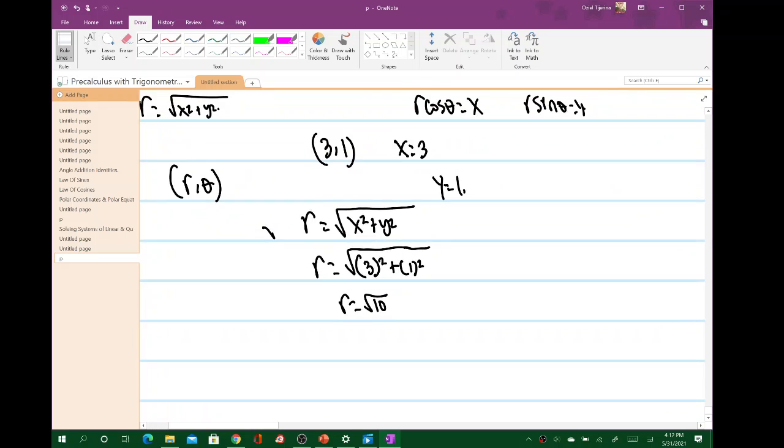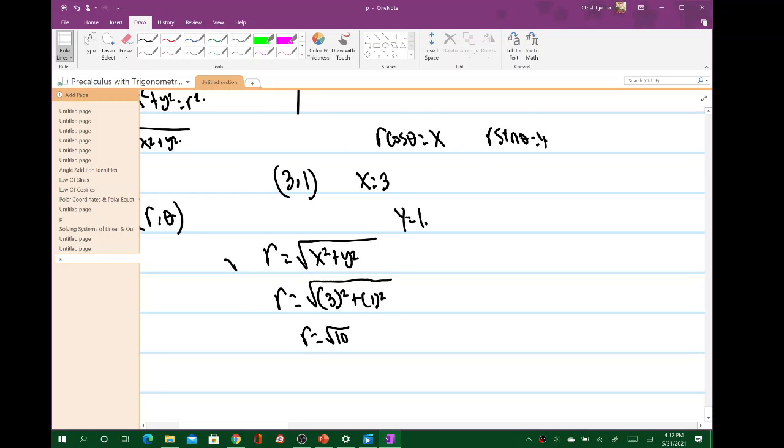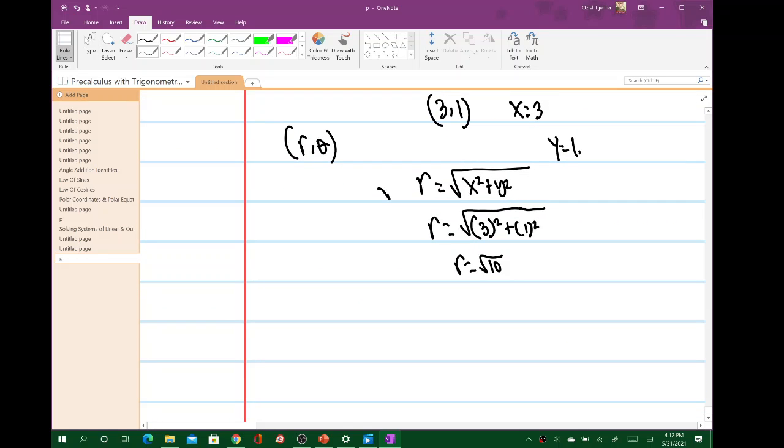Now, we want to know what theta is, right? From trig, we know that tan theta is just y over x. So y equals 1 and x equals 3, so tan theta is 1/3, right?